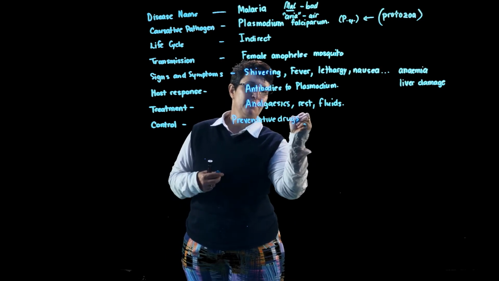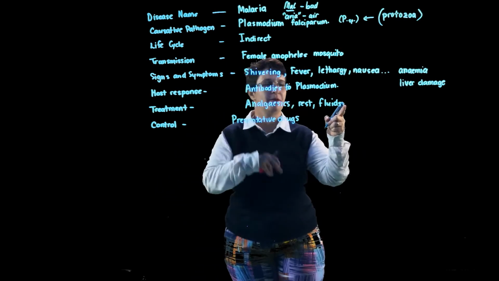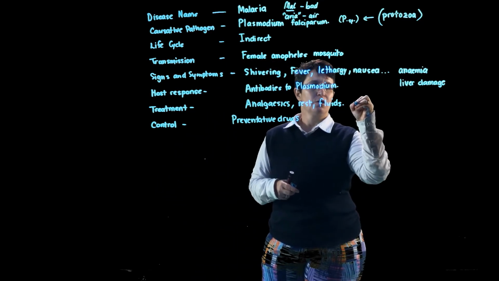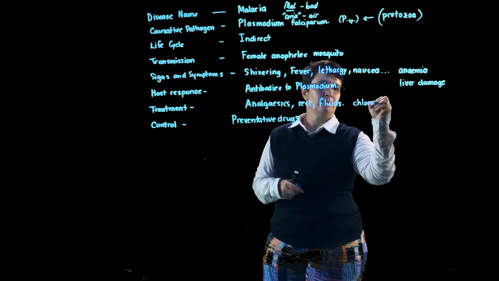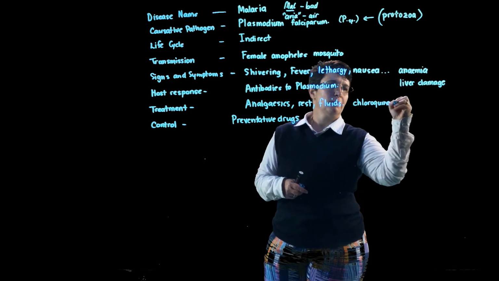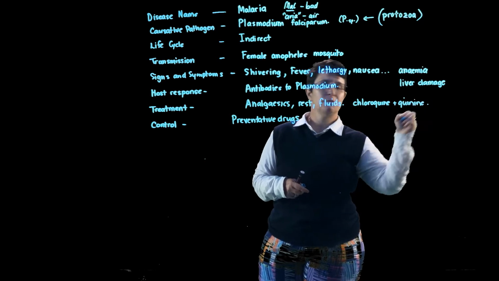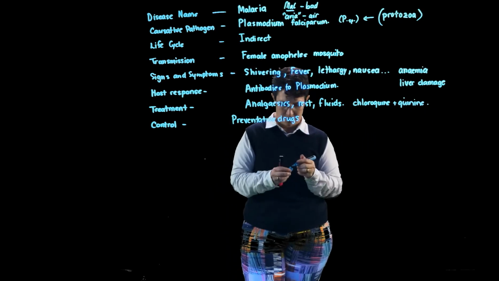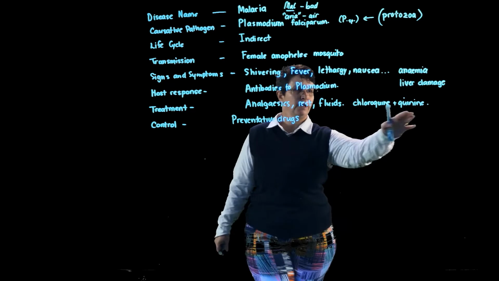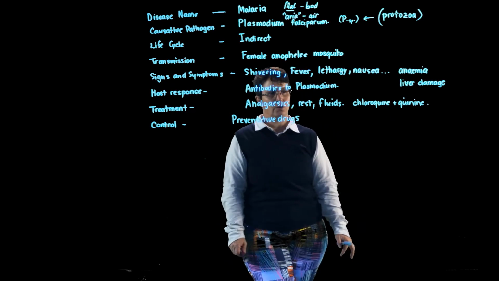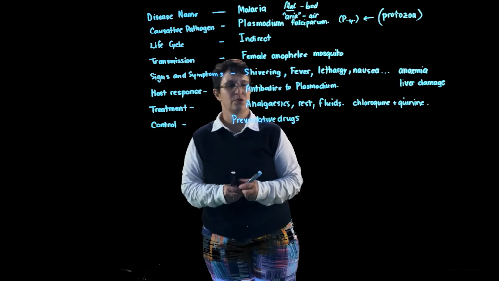Now, here's the thing. Some of these preventative drugs are also used in the methods of treatment. So chloroquine and quinine. You might have heard of quinine before. It's found in tonic water. So if someone has a gin and tonic, quinine's found in that. Quinine and chloroquine are also added to lots of water supplies.